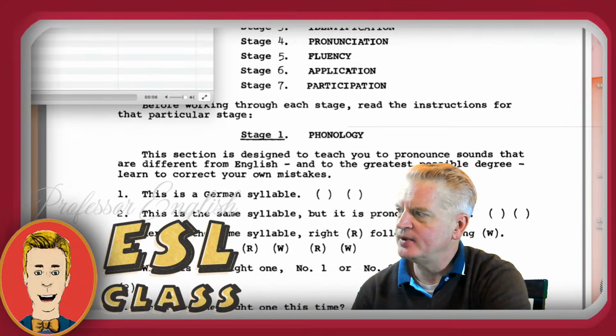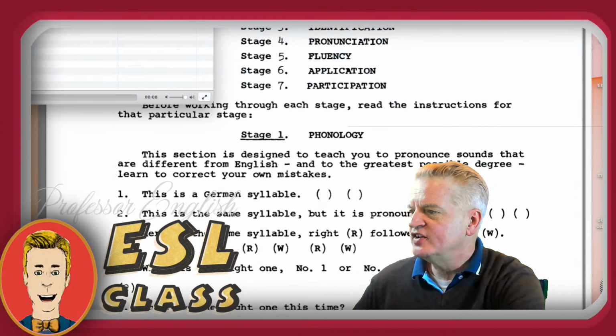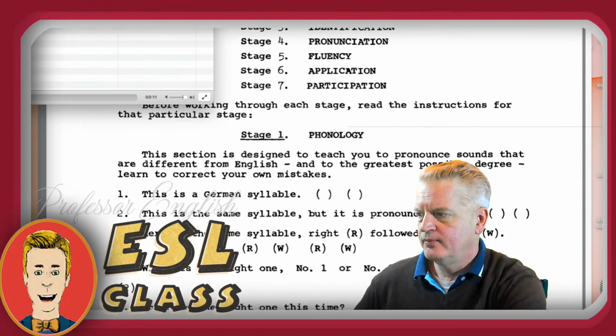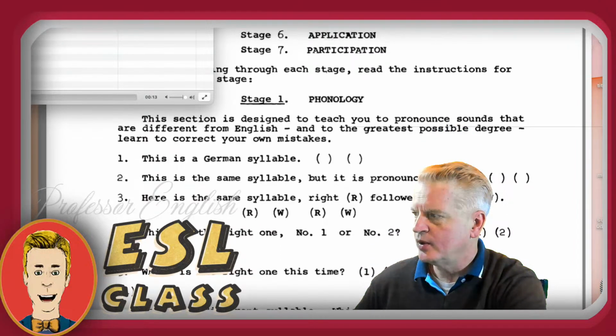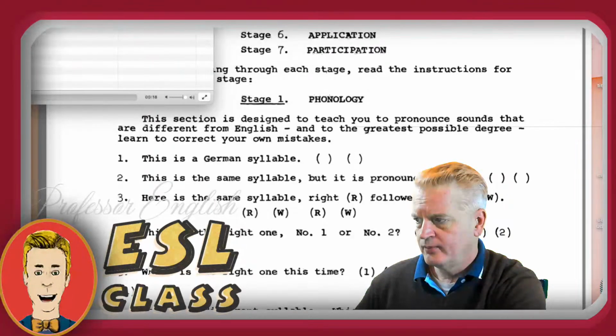All right, so I think this is where it begins. Let's see what number 1 is. 1. This is a German syllable. Wie. 2. This is the same syllable, but it's pronounced wrong. The. 3.